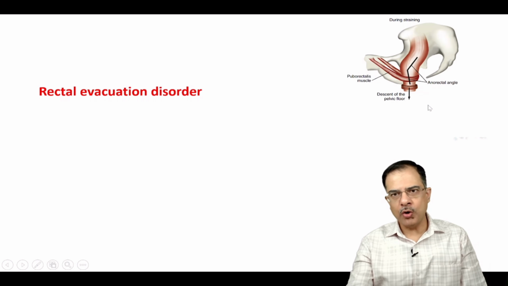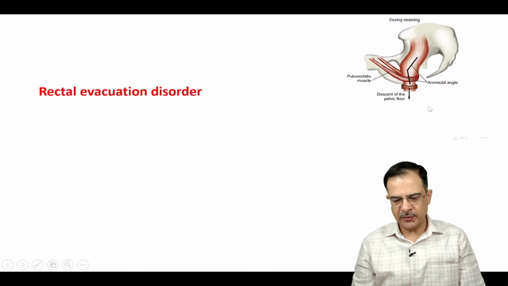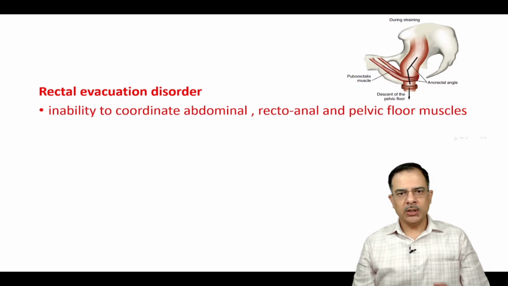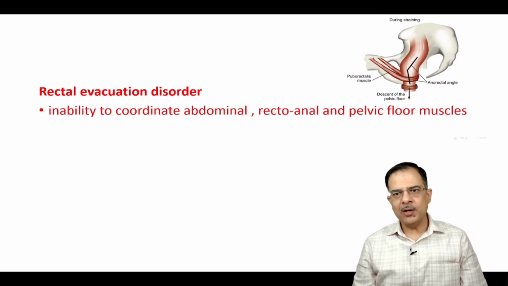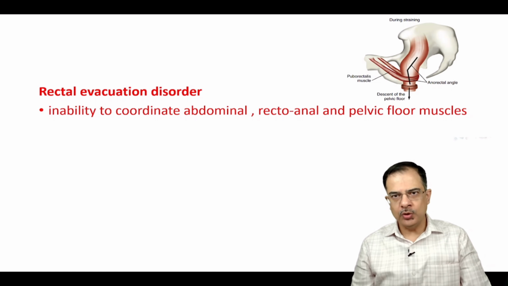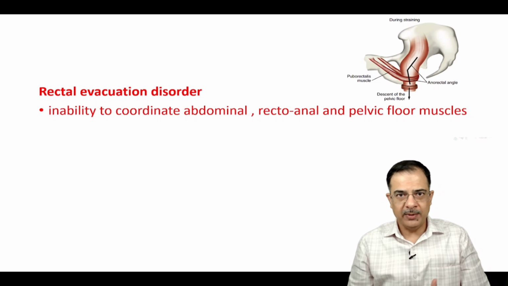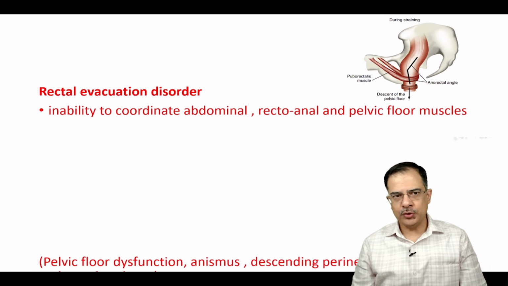So it is the coordination of these muscles which leads to a normal passage of the stool. There will be an inability to coordinate abdominal, rectoanal, or pelvic floor muscles, so that the stool comes normally into the rectum, but the patient is not able to evacuate that stool.